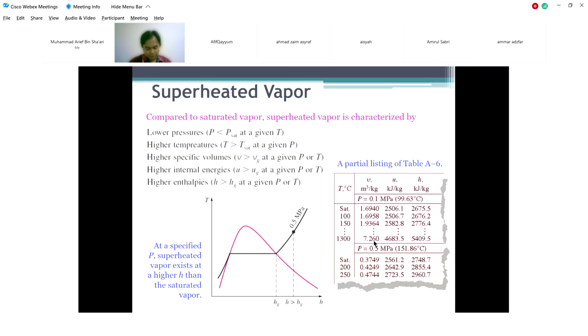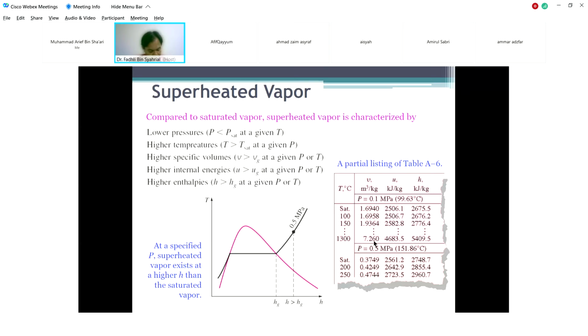Look at pressure 0.8 megapascal. They have their own set of values for each property: specific volume, internal energy, enthalpy, and entropy, as well as temperature.